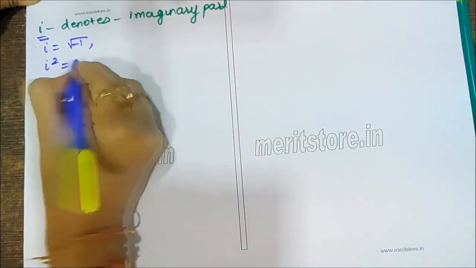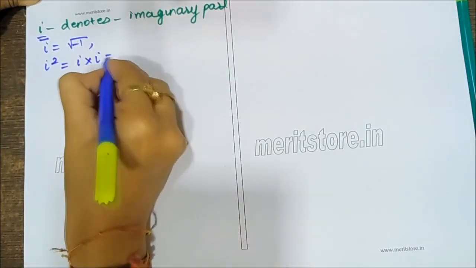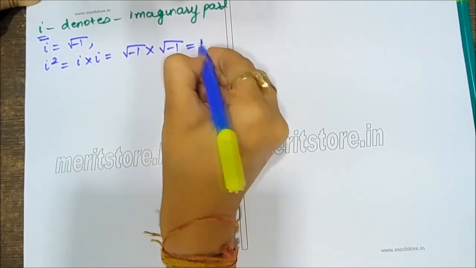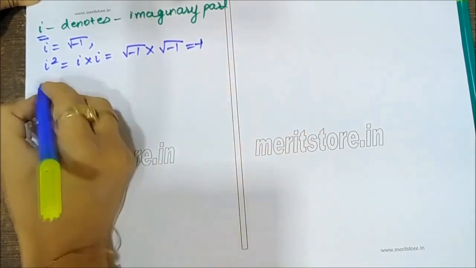So i square was equal to i into i, which is root of minus 1 into root of minus 1, that is minus 1. This root goes away.